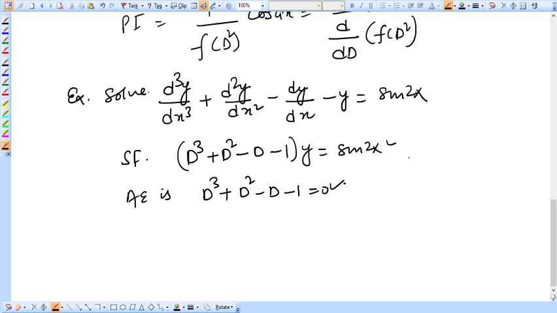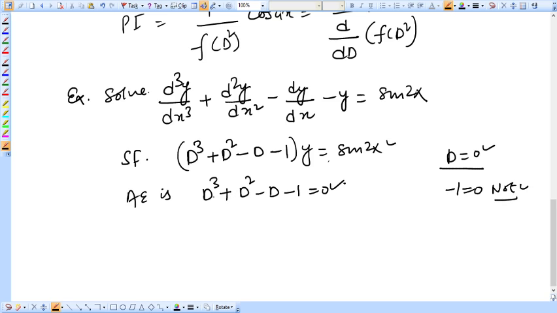Firstly, let us set D equal to 0. Then we get minus 1 equal to 0, which is not true, so D equal to 0 is not a root.